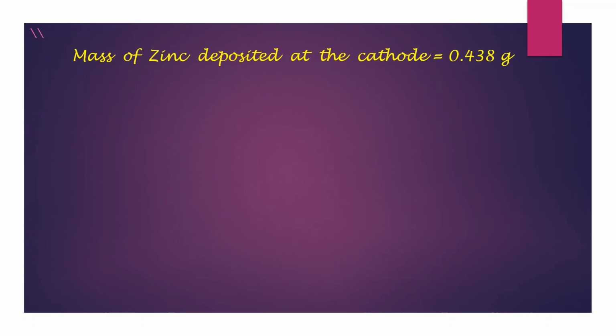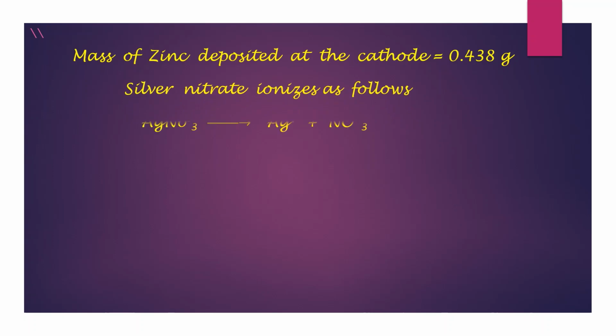So for that, consider the silver nitrate. Silver nitrate ionizes as follows. So silver nitrate gives Ag+ and NO3-. Now AgNO3 contains two ions, Ag+ ions and NO3- ions. So the Ag+ ion will be discharged at the cathode, and this 1 mole of Ag+ will react with 1 mole of electron and form 1 mole of silver.